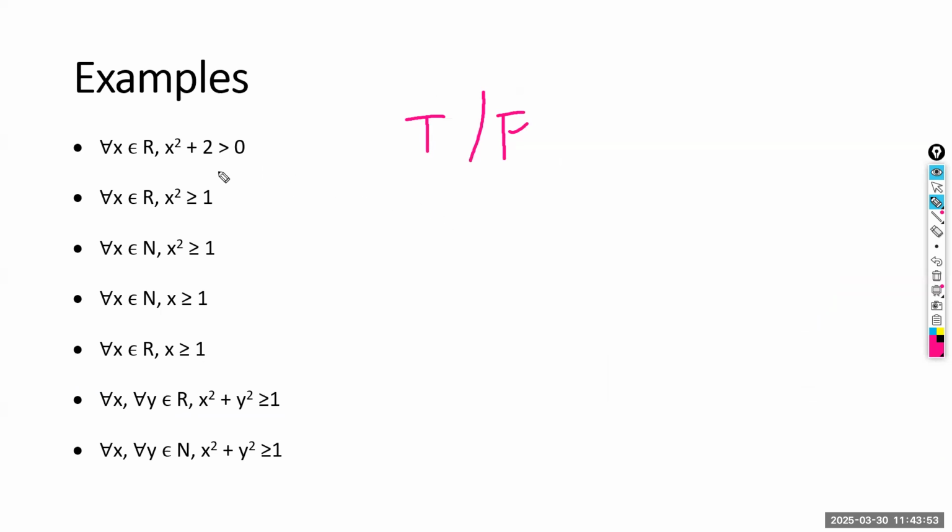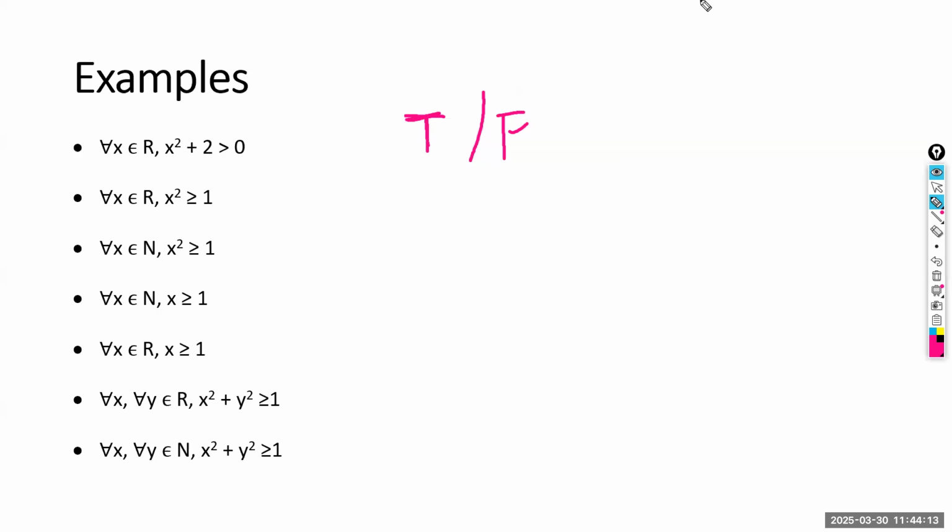So if you can find at least one real number which violates this, the statement is false. But if you can't find any such scenario, look for the worst cases. Then you need to accept that it is true. That means for all real numbers, when you square it and add 2, it is greater than 0.